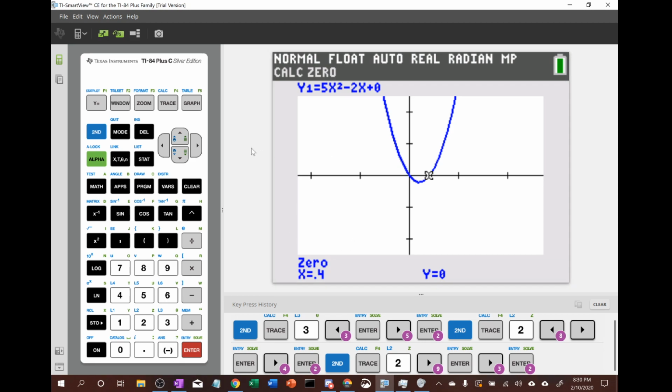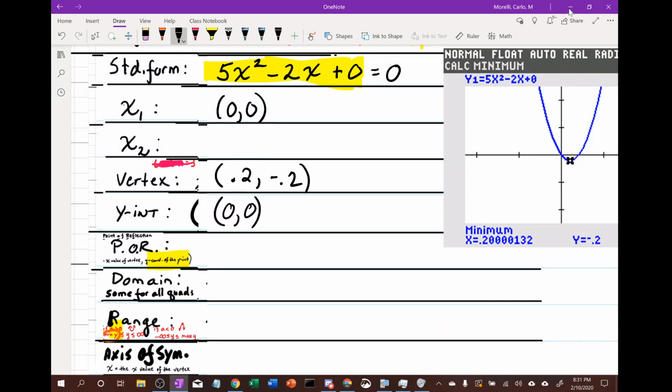I'm going to let it catch up so you can read the coordinates off the screen to me. 0.4. Good. 0.4 comma 0. Excellent job.